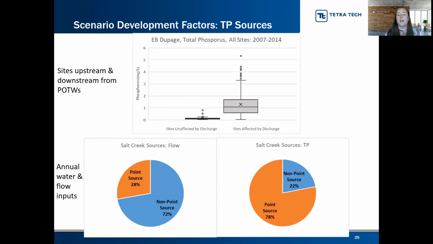So we know that our lowest hanging fruit for addressing total phosphorus in stream, the nutrient that gets algae very excited, is going to be looking at opportunities to decrease phosphorus coming from these large sources, which are our wastewater treatment plants.